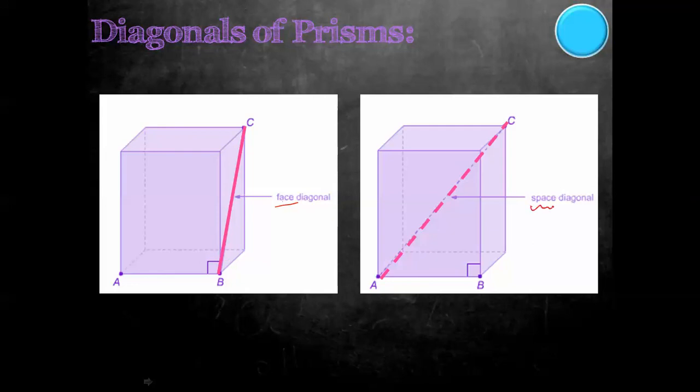A space diagonal is the diagonal that cuts the whole solid in half. It goes from a vertex on the front to a vertex on the back. Here A is on the front face and C is on the back face, so it goes through the middle of the shape. That's why it's called a space diagonal, because it's cutting the space in half.